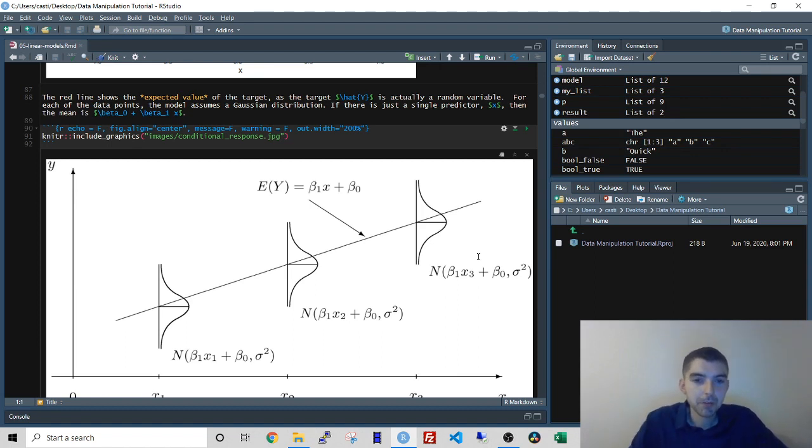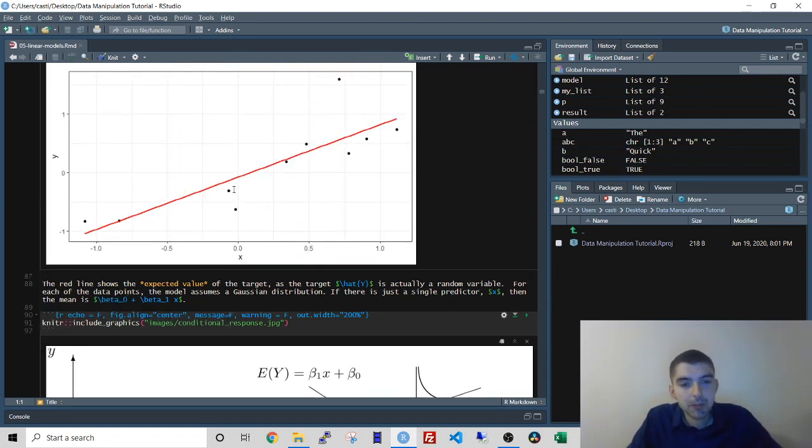The bell curve shows the range of possible values, right? So the line of best fit is actually predicting a bunch of expected values. For each person, we say that the expected value of the target is equal to some linear combination of the inputs. That means that these predictions we know are not going to always be straight on the line.